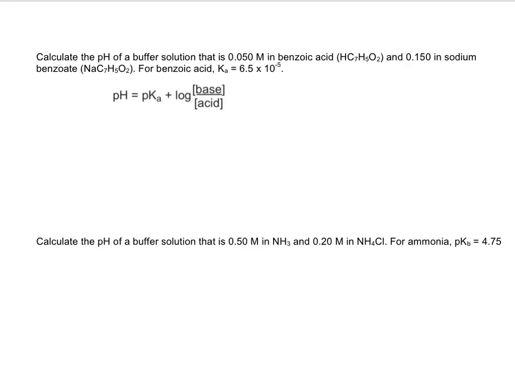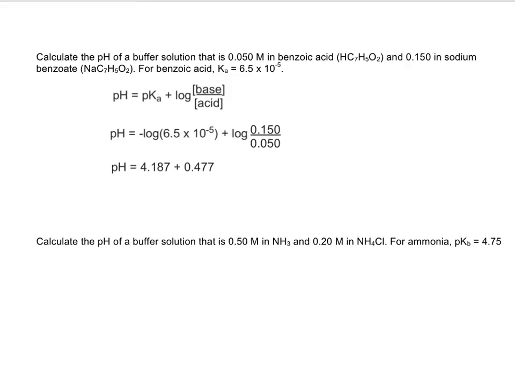Okay, so our pKa is going to be the minus log of the Ka, and then we'll have plus the log of the concentration of base, which is the conjugate base here, so that's 0.150, divided by the concentration of the acid, which is 0.050. All right, so if we solve the first part, we get 4.187 plus 0.477.